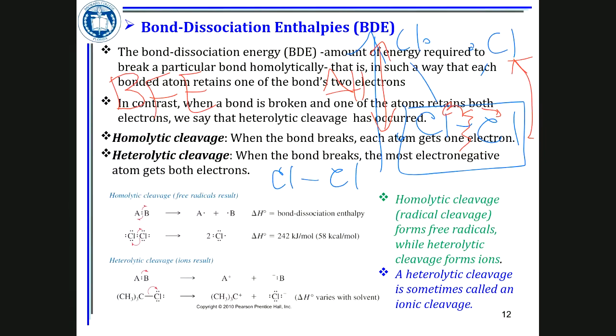So this is homolytic. Homolytic cleavage takes the molecule of chlorine to two atoms of chlorine.